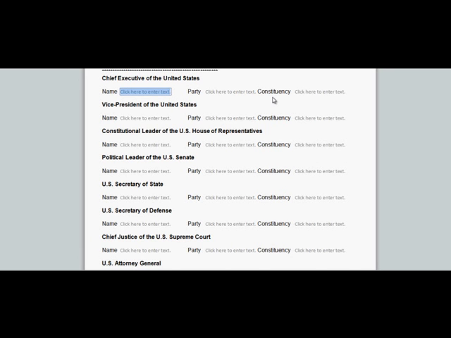The President of the United States, for example, his constituency is the whole United States, not just voters in the United States, because I have a 3-year-old grandson who's not old enough to vote, but the President still represents that person. So make sure you understand that when we're talking about constituency, we are talking about the geographic region which they represent.